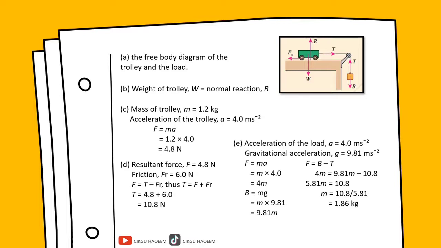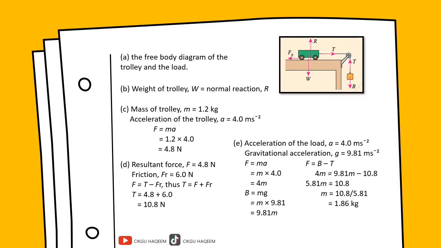So we assume the direction of the weight is positive, and the direction of the tension of the string is negative. So W minus T. We substitute F as 4m equal to 9.81m for the weight of the load minus the tension of the string, which is 10.8 Newton. Then we calculate and get m equal to 1.86 kilogram.